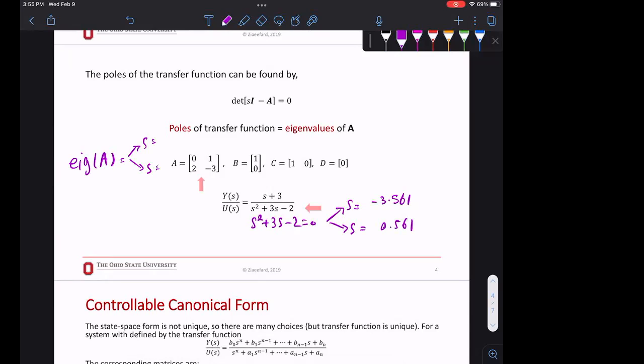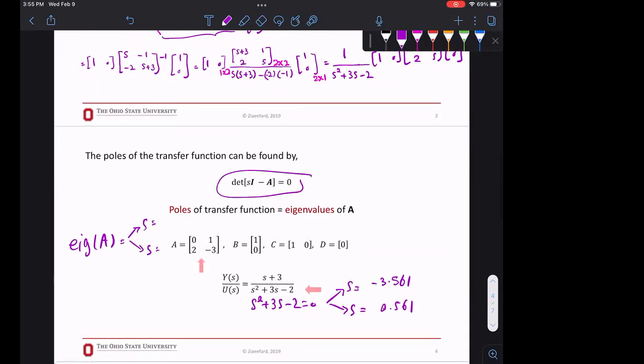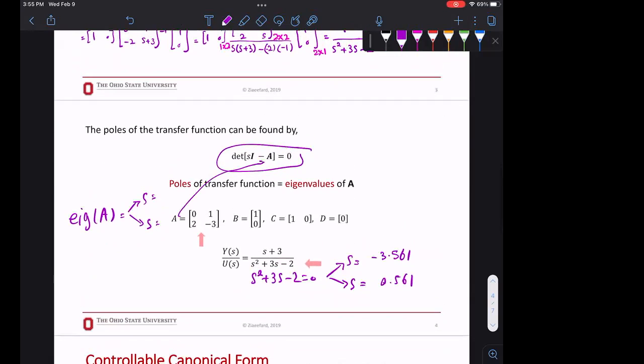Same here. And if you plug in A here, you also get the same S: negative 3.561, 0.561.